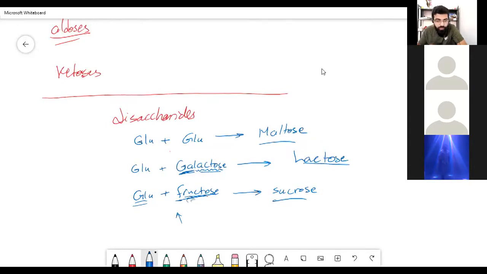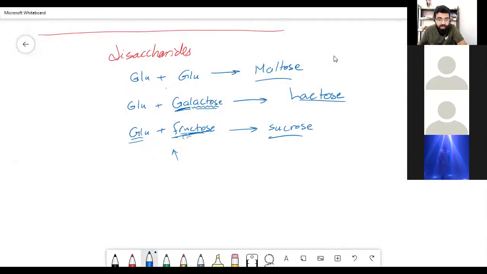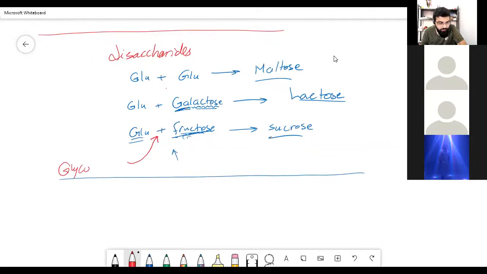Two monomers are linked together by what we call the link. What do we call the link between them? The glycosidic bond. This is the name of the bond between two monosaccharides to form a disaccharide.